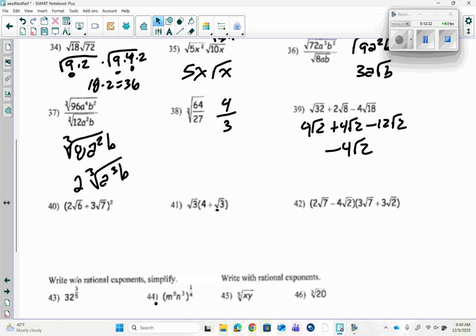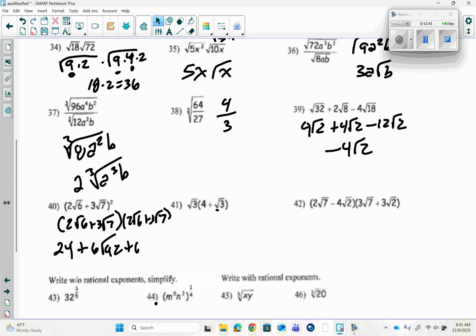All right, so 2 root 6 plus 3 root 7. 2 root 6 plus 3 root 7. FOIL it out, so that's going to give you 4 root 36. 36, that's going to give me 24 for the first thing. And then multiply the outside, that's going to give me 6 root 42.